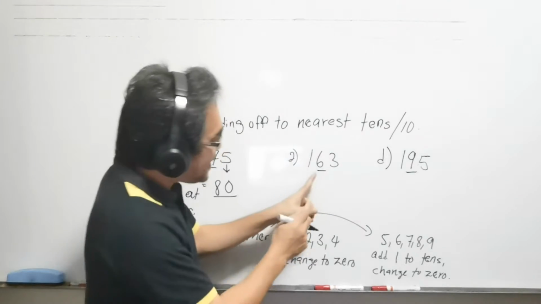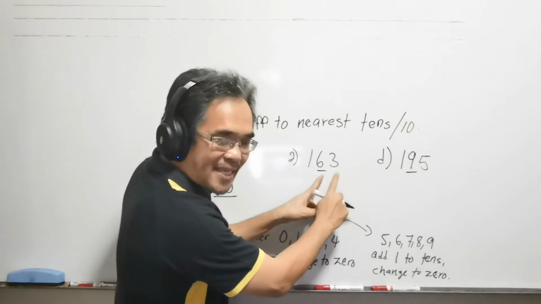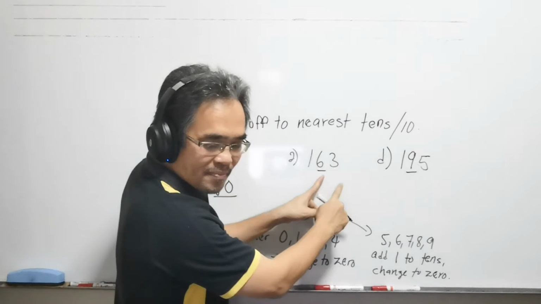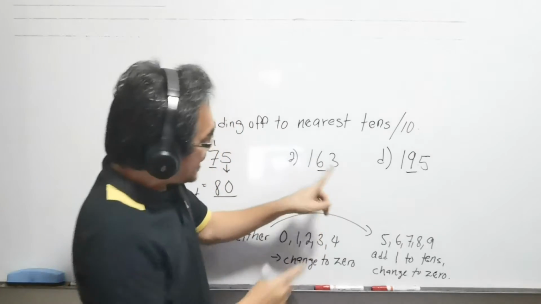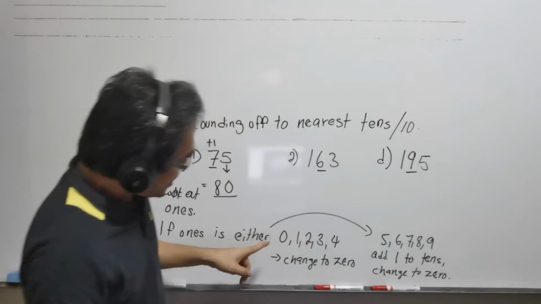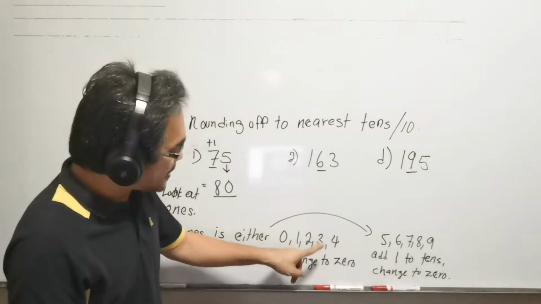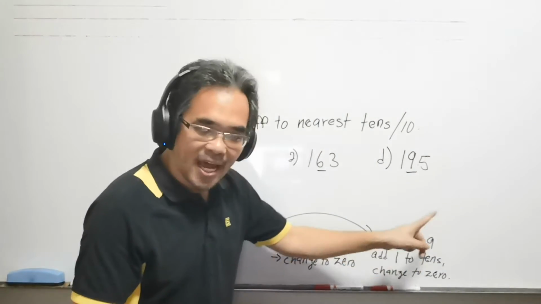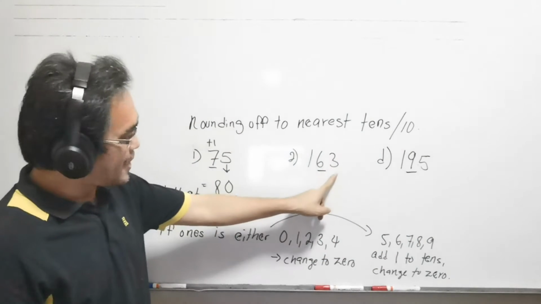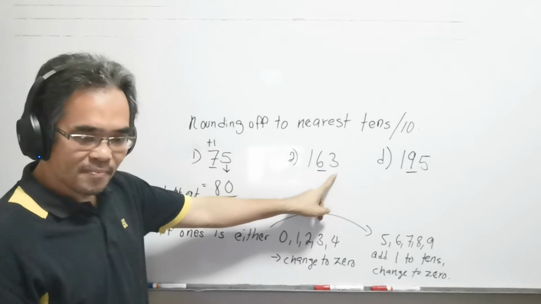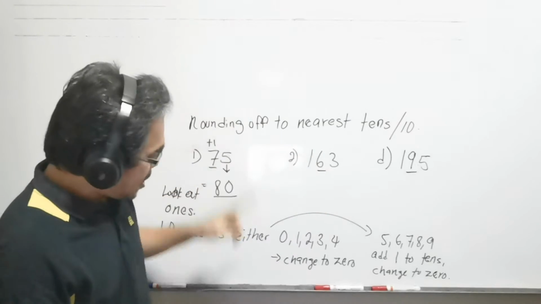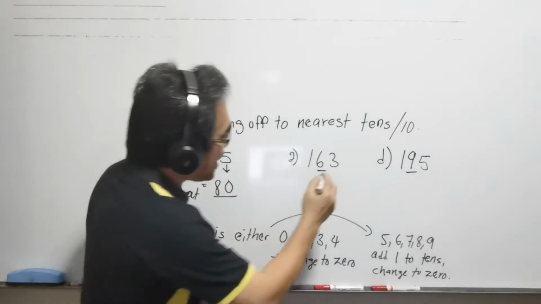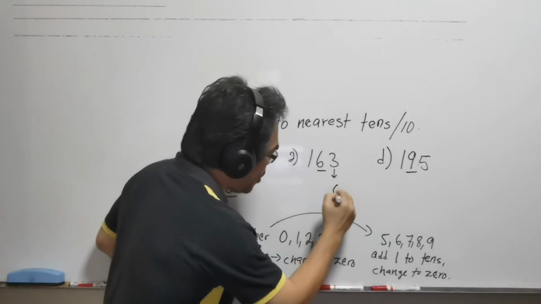After that, you have to look at the number beside it on the right. Is this number 0, 1, 2, 3, or 4, or is it 5, 6, 7, 8, or 9? What is this number? 3. So if it is 3, what do we have to do? Change the number to 0.